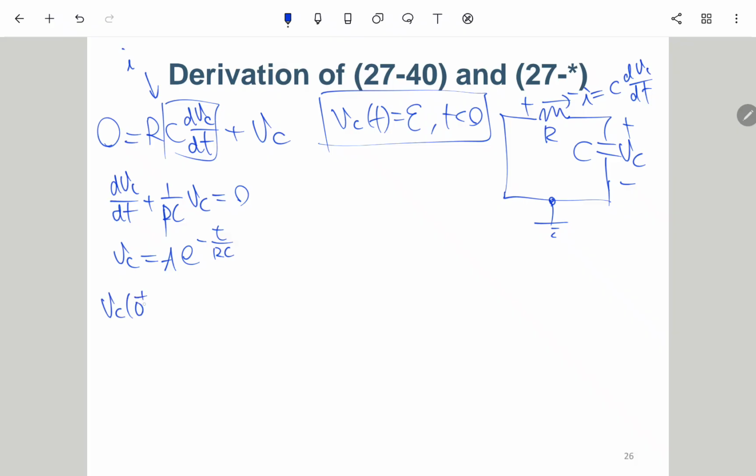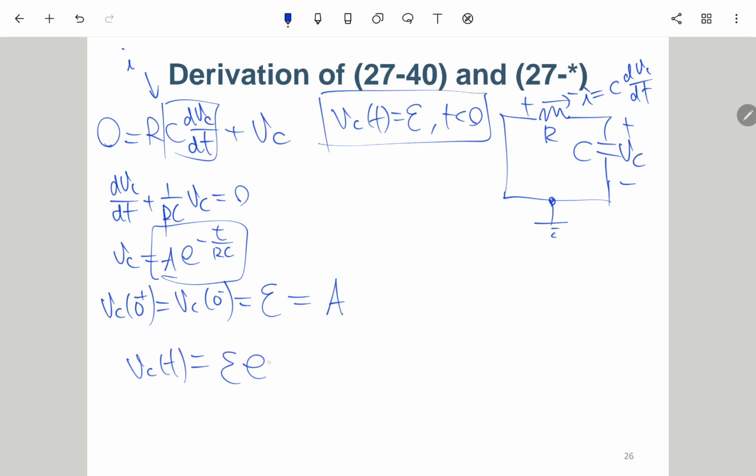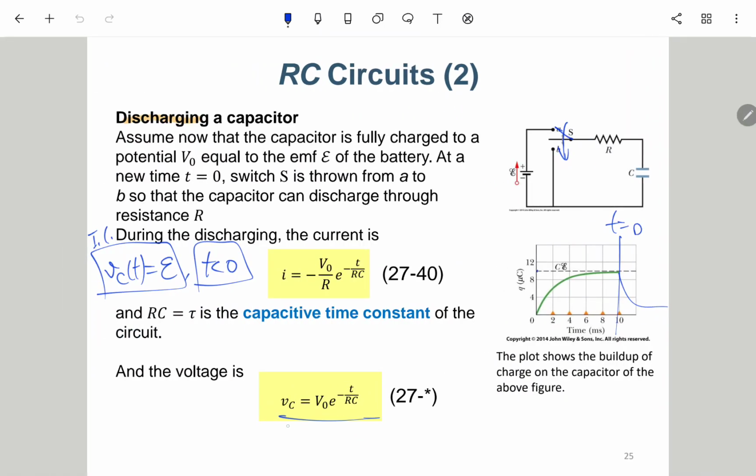So VC(0+) equals VC(0-), which is E. Then substituting t to here, we get A equals E, which means Vc(t) should be E exponential to negative t over RC. Okay, so this is the expression for this one.